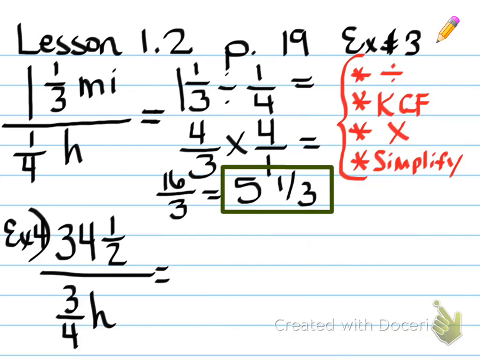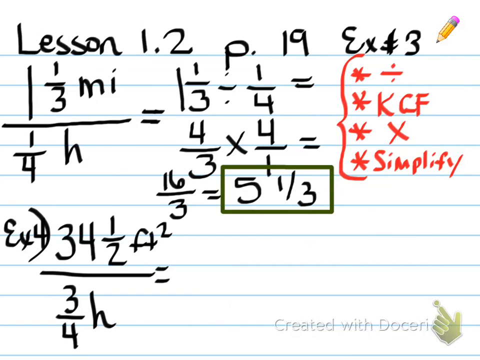Okay, example 4. Tia is painting her house. She paints 34.5 square feet in 3/4 of an hour. At this rate, how many square feet can she paint each hour? So we're breaking down that unit rate, and of course I forgot to put my measurements here.